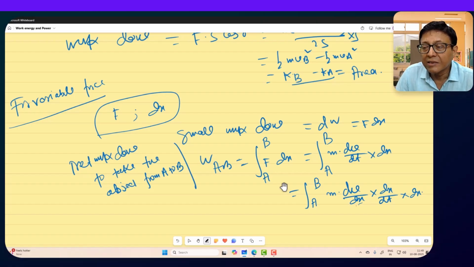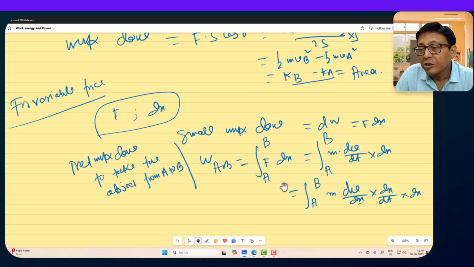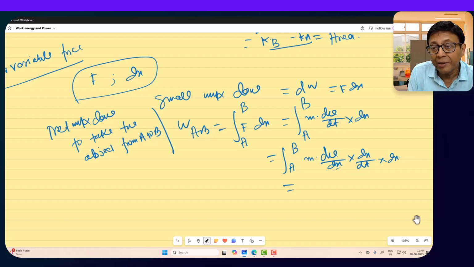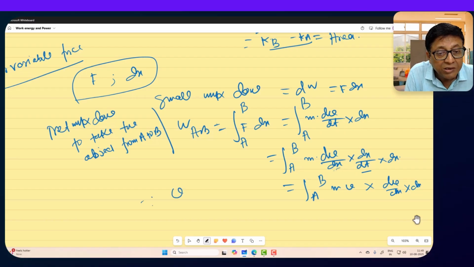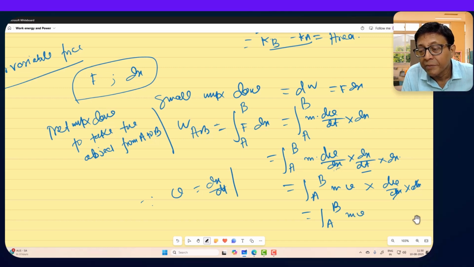No, don't cancel, you write m into v, dv by dx into dx, since v equal to dx by dt. dx gets cancelled, it will be integral A to B of mv dv.